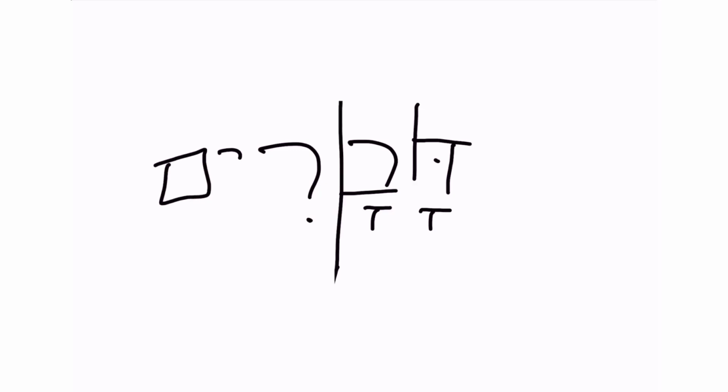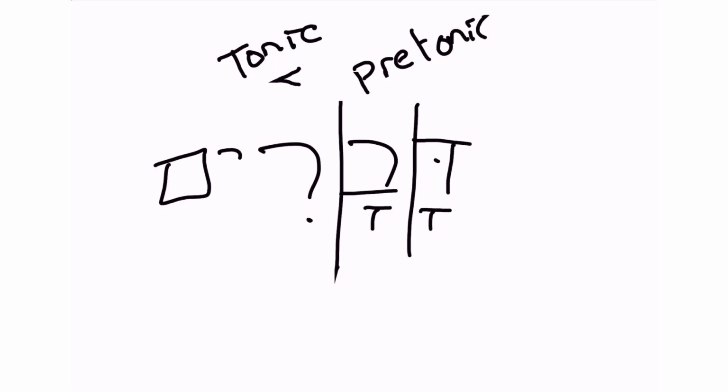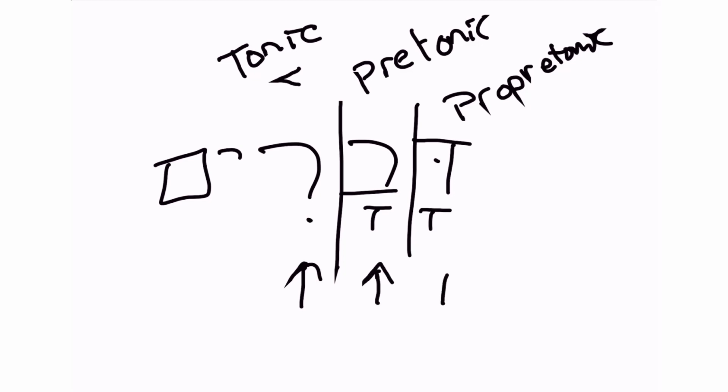if we divide the syllables up, this is where the accent is. So this is called the tonic syllable, where the tone is. This is called the pretonic, and this is called the pro-pretonic. And all that means is the tone is here, this is the one that's before the tone, and this is two before the tone. Now, here are the rules.